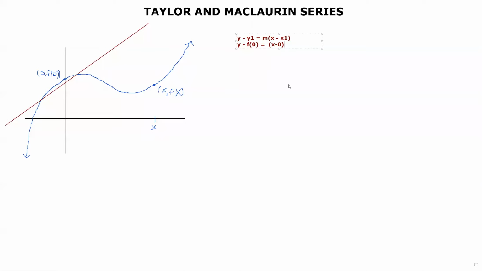Okay, so let's take a step back and make sure we understand where we got this from. So we did a linear approximation not on the main function, but on the derivative. So this line here is the linear approximation for the derivative.